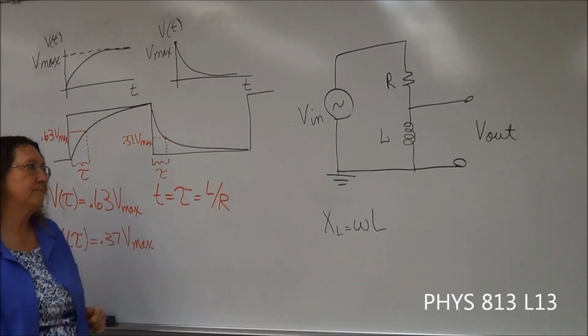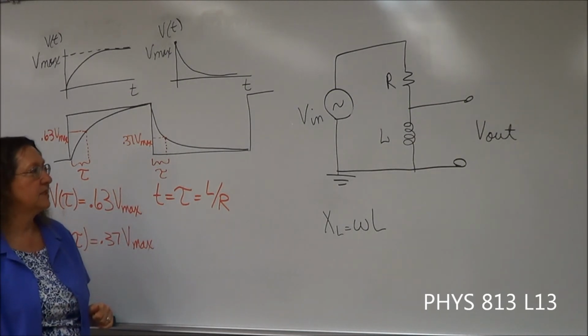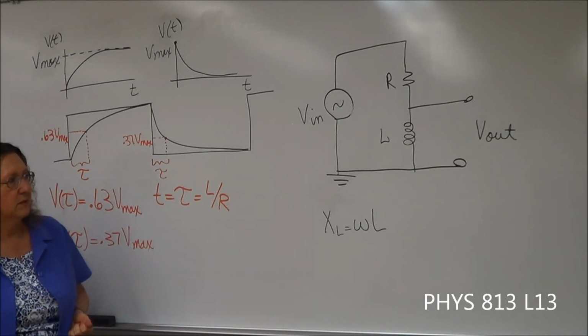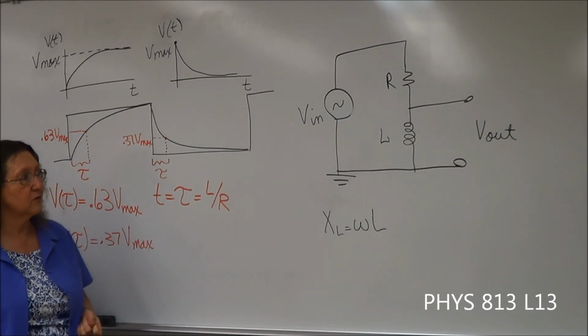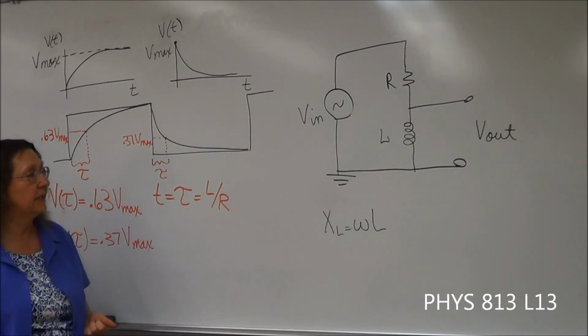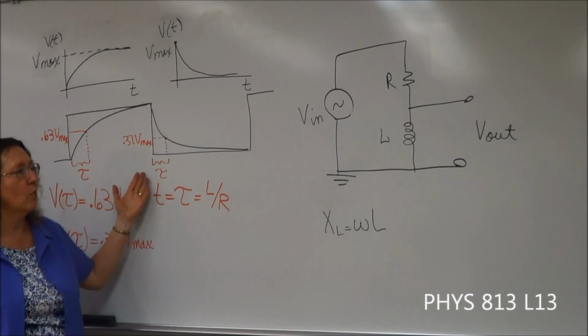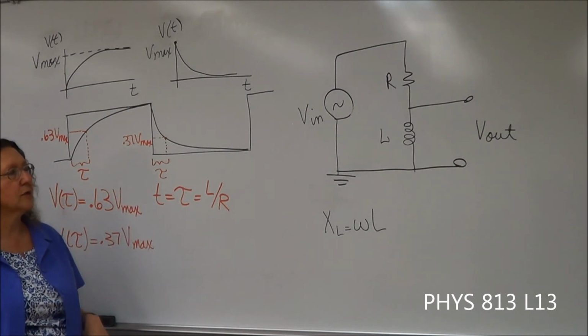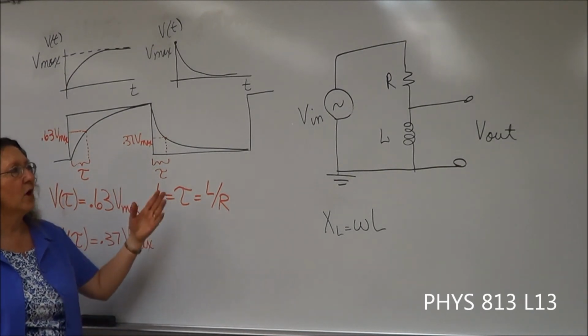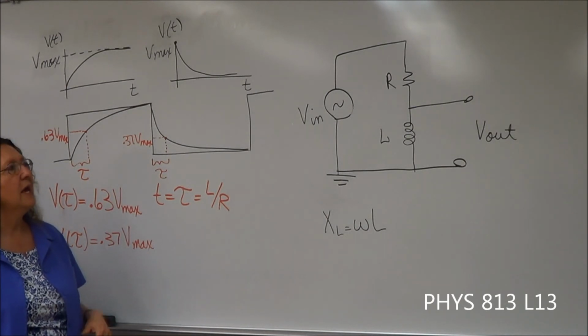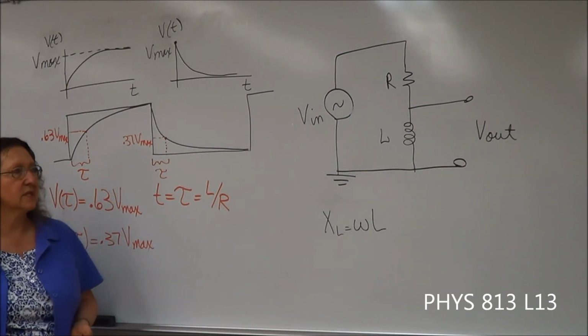And so that's another reason that I didn't actually work any harder at finding an inductor and resistor that would work, because once you've figured out the RC circuit, then the RL circuit is almost exactly the same, except that it's the opposite.